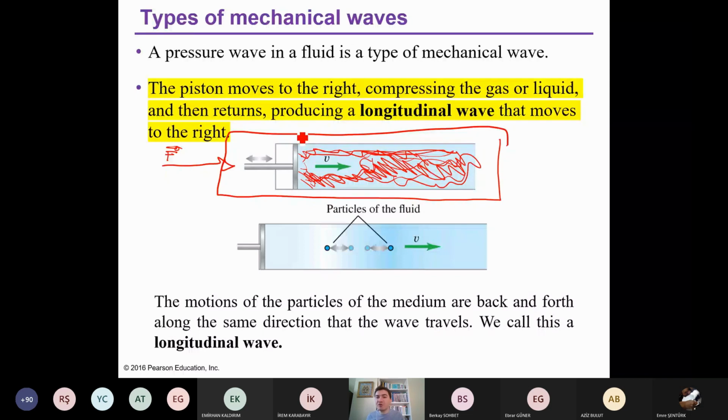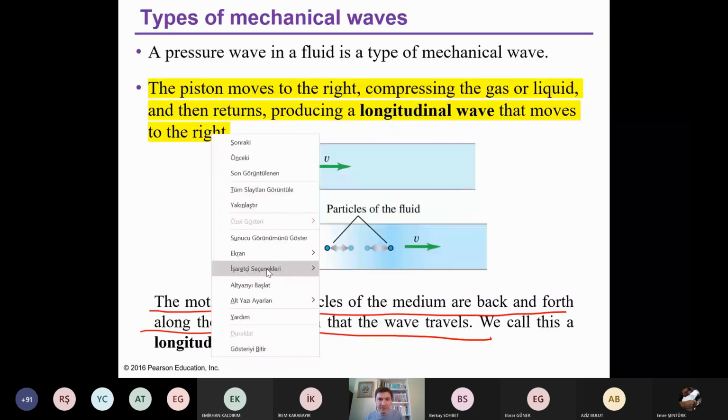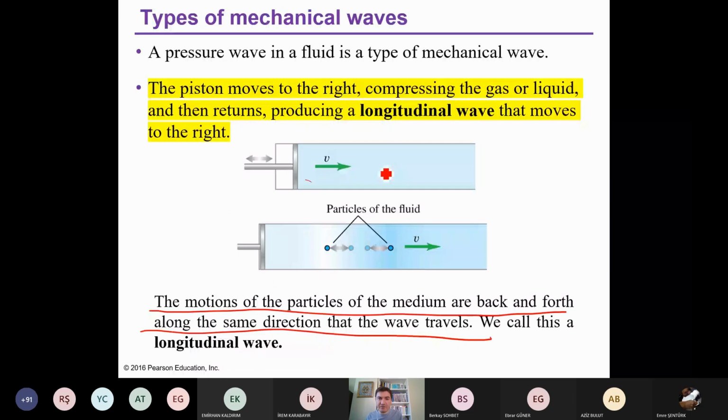What about the motion of the particles within the fluid? So the motion of the particles of the medium are back and forth along the same direction that the wave travels. So what happens to the particles? Let me clean the upper figure and then let me continue. Just consider that here you have a particle within the liquid and here you have another particle, okay?